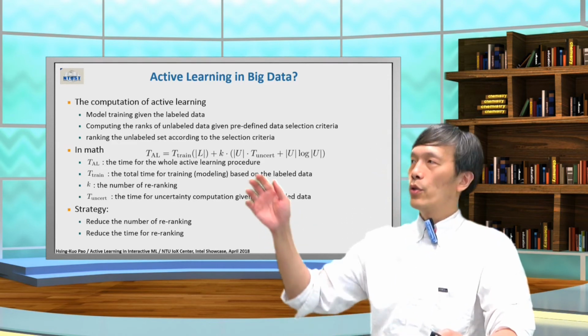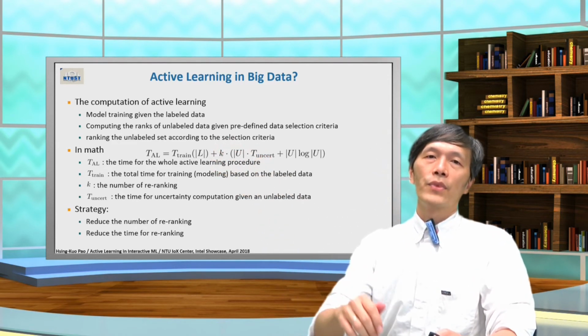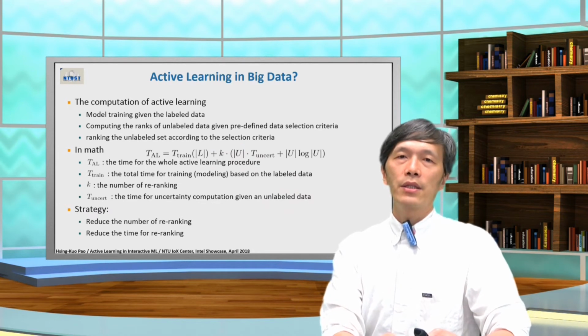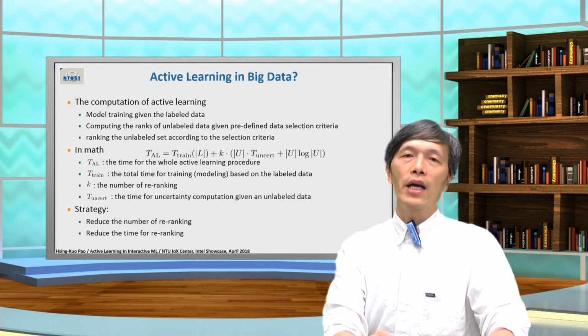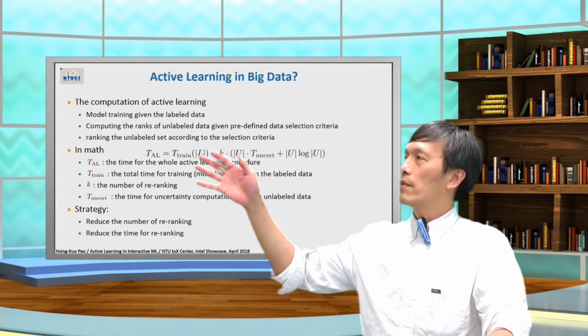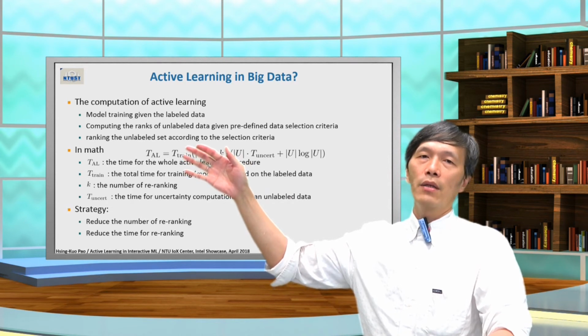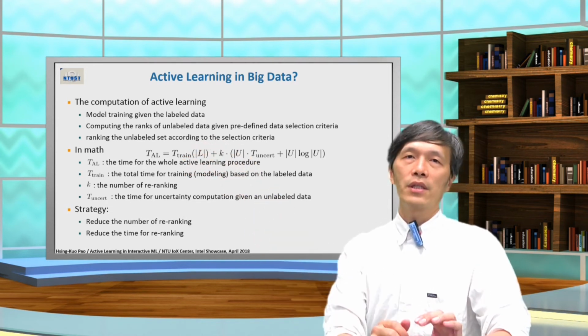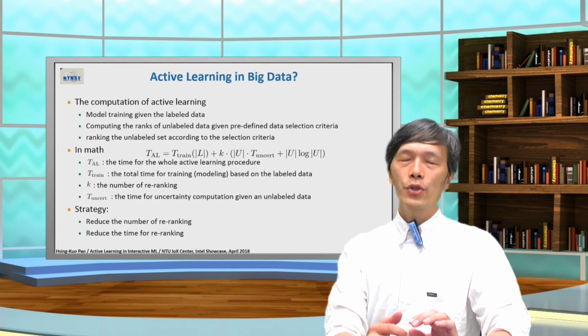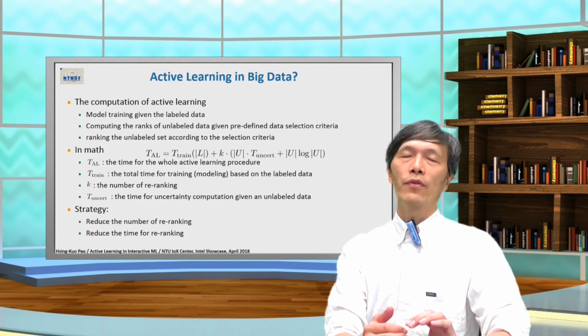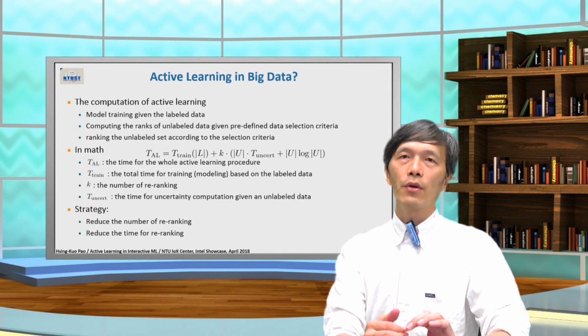We can use this formulation to write down the time complexity, that is, the time that we need to spend on active learning. It consists of two parts. One is that we need to train our model on each iteration, right? And also from time to time we need to do some re-ranking, okay?